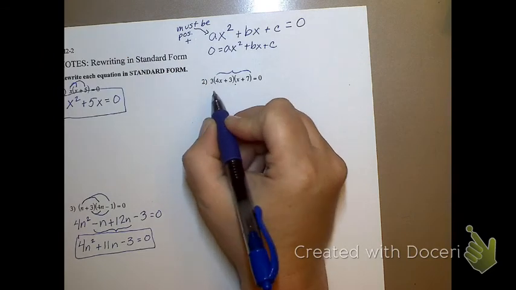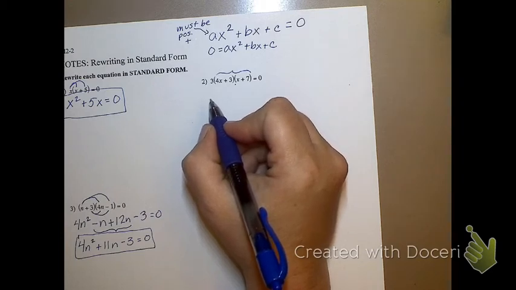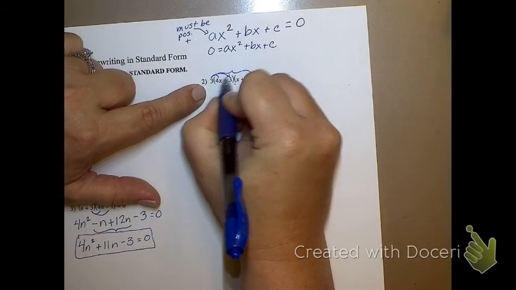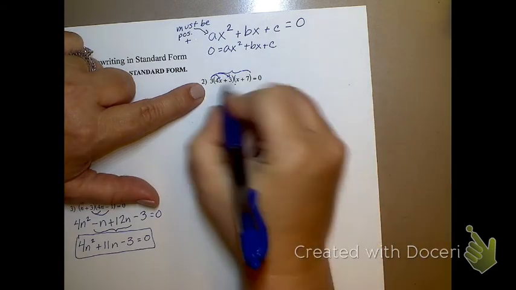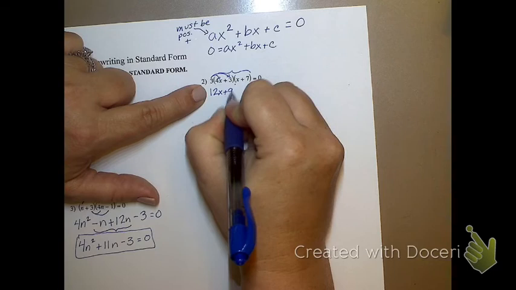But knowing me, I tend to forget the 3 at the end. So here's what I'm going to do. I'm going to distribute the 3 first. I only distribute it through one parentheses though. So that's going to give me 12x plus 9.